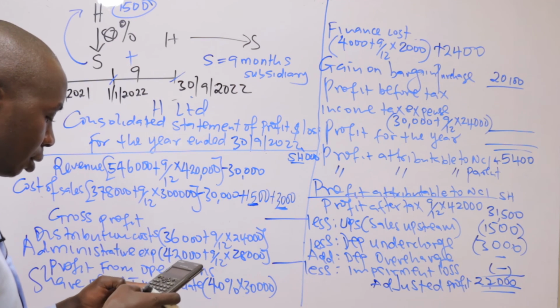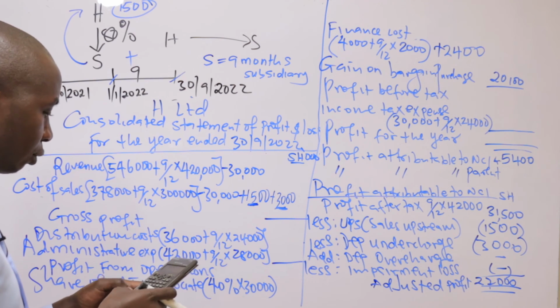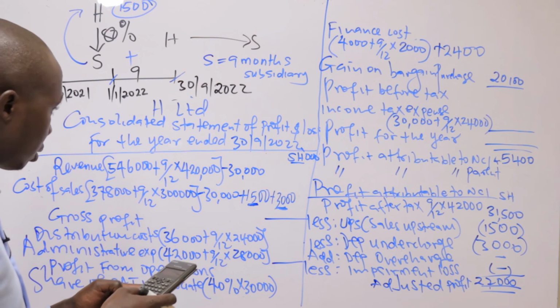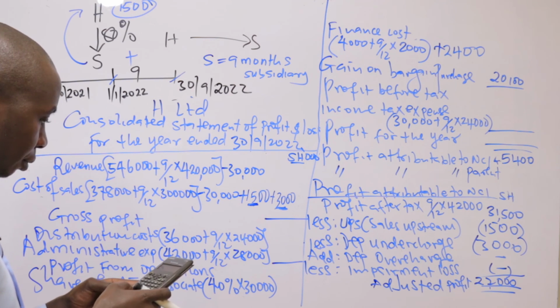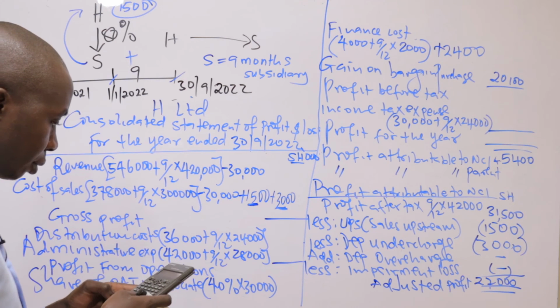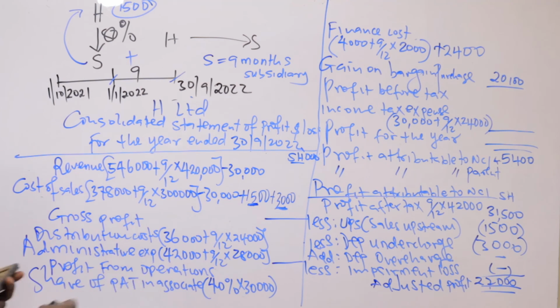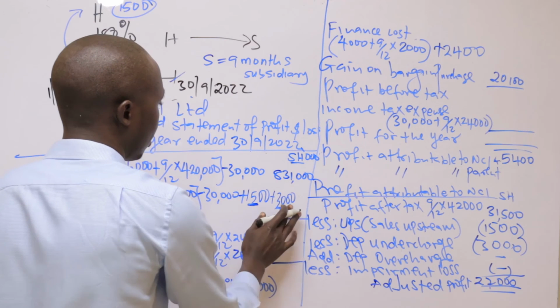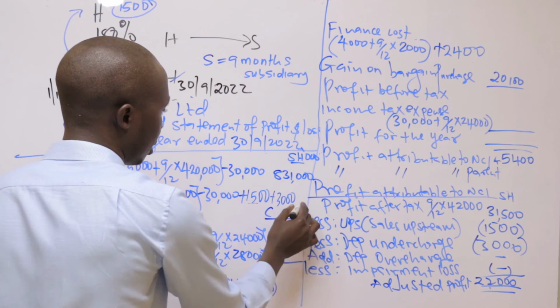Other than doing this, remember that you have to do those entries. Like now, the first one is all about 831,000. What about the cost of sales?